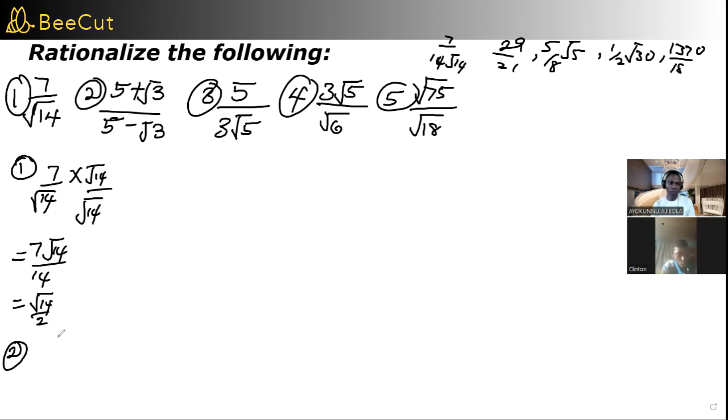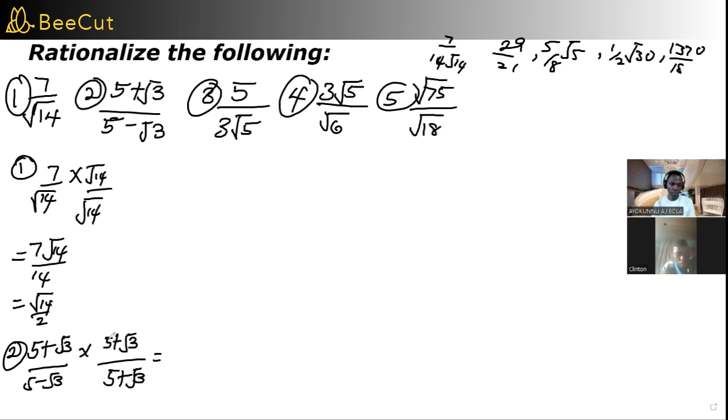So to the second one, 5 plus root 3 over 5 minus root 3, times 5 plus root 3 over 5 plus root 3. So here I have 5 times 5 is 25.